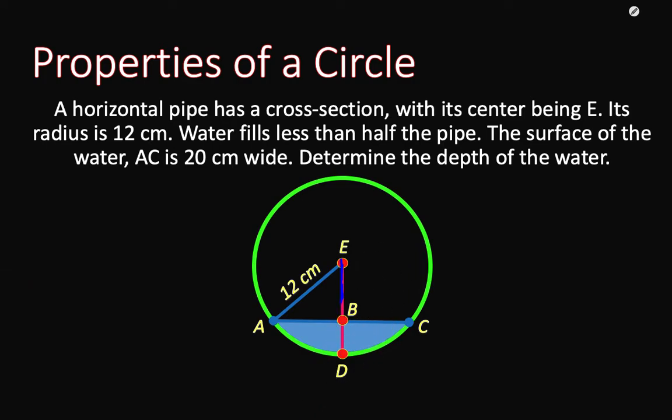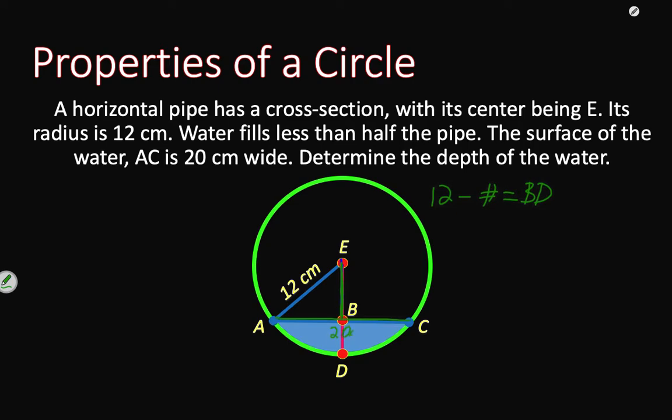So my strategy here is going to be, can I figure out that length right there? Because then I can go 12 minus whatever that answer is, and that will give me the length from B to D, which is the depth of the water. Okay, so that's our strategy.